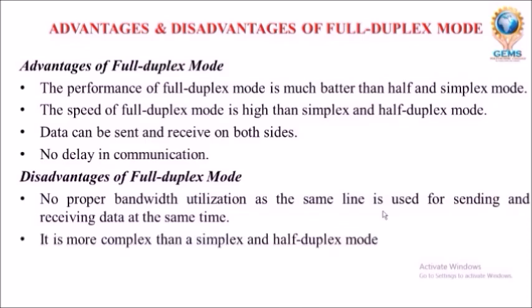So that is a very challenging issue. Okay, the architecture of this mode is quite complex compared with the earlier ones. The architecture of full duplex will be complex as compared to the simplex mode and half duplex mode, right?